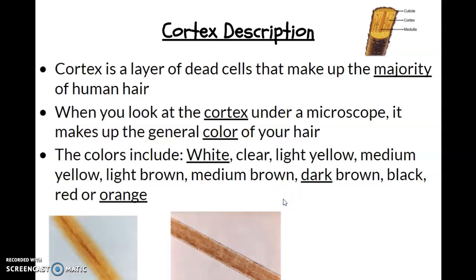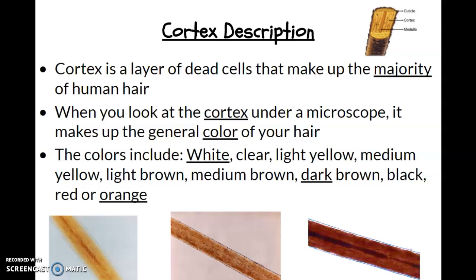So down here, looking at these, I want you to take a minute and kind of decide how you would classify these. This one to me looks very kind of yellow, maybe even orange. Looking at the cortex, we're not looking at the medulla, we're looking at the cortex, so this portion in between. This is kind of spotty.